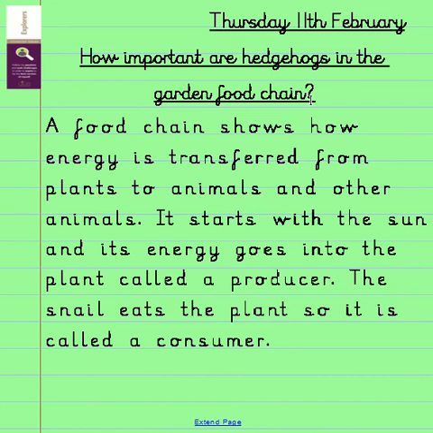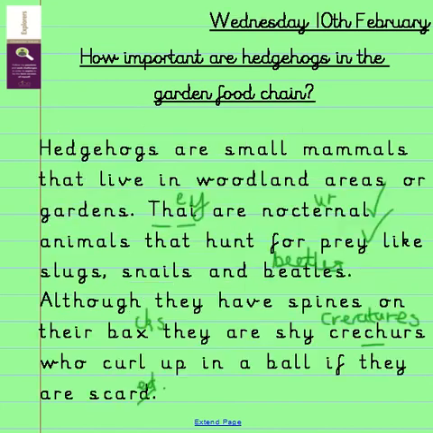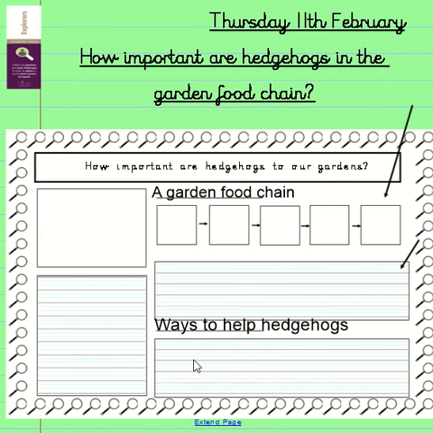You can use some of my ideas if you'd like to, but try and use your own words as well. Now, in this last part, you might need to do a little bit of research. So ways to help hedgehogs, or ways to help attract hedgehogs to your garden. How many can you think of? Perhaps put out food for hedgehogs.